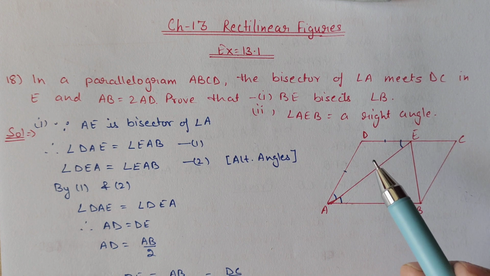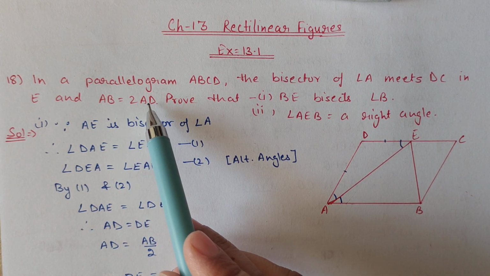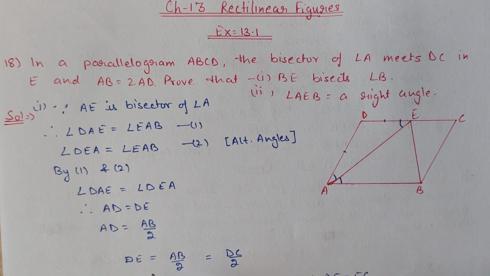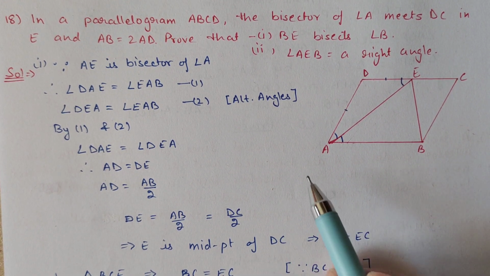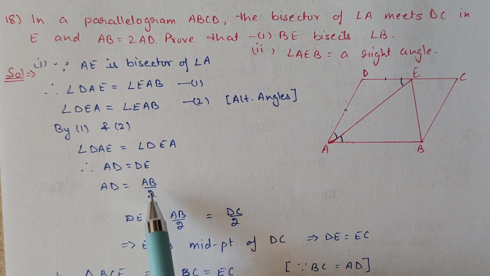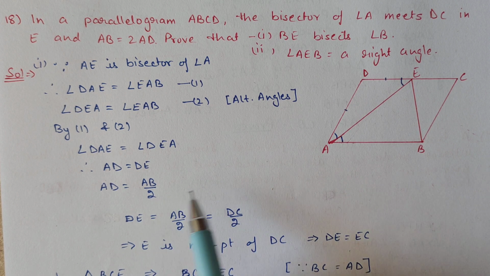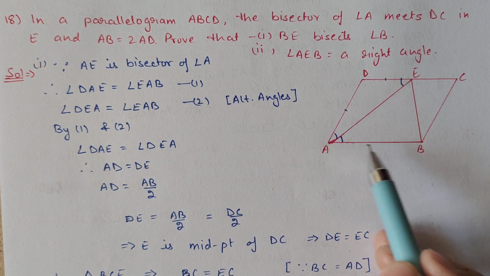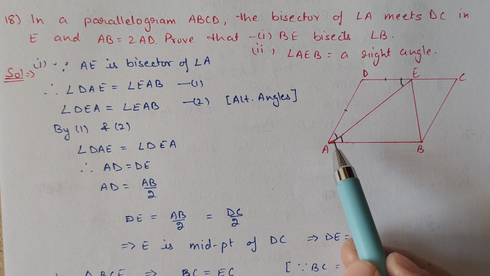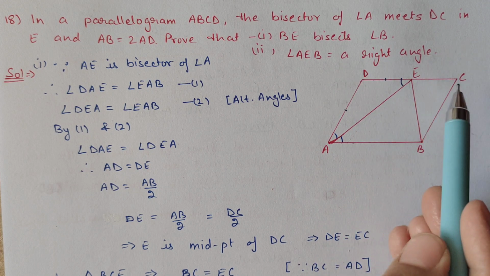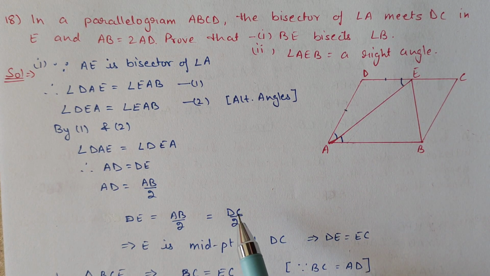And it is given in the question AB is equal to 2AD, or we can say AD is equal to half of AB. We can say half of AB or half of DC, because AB and DC are equal.